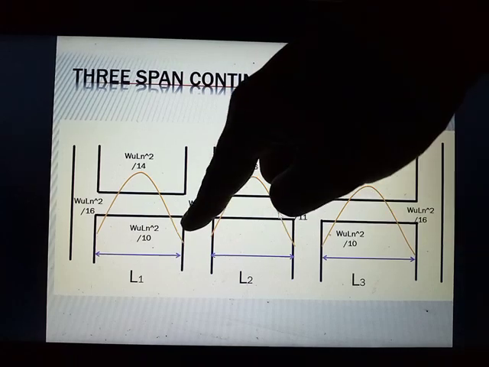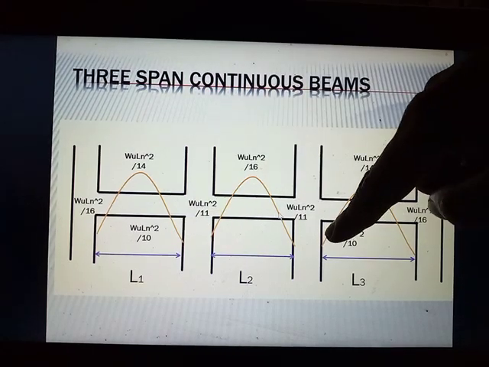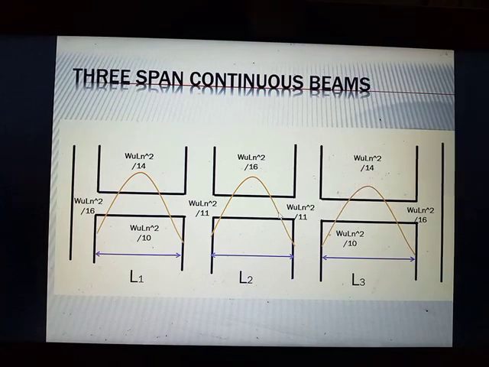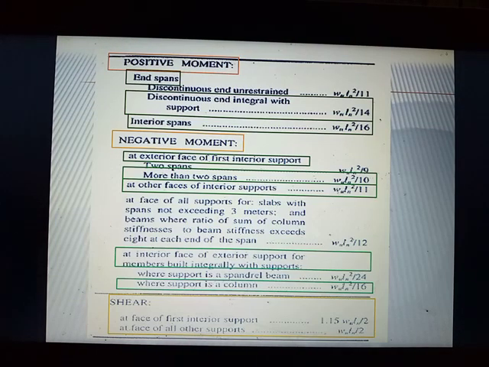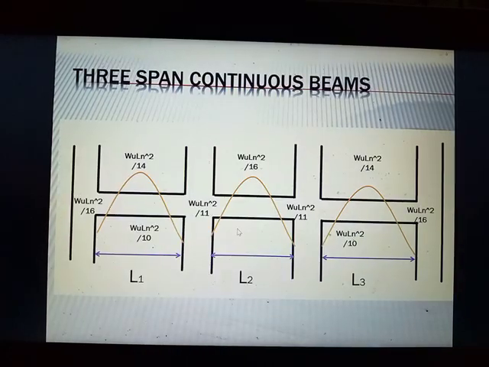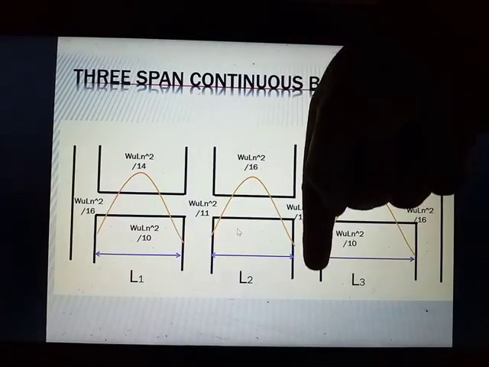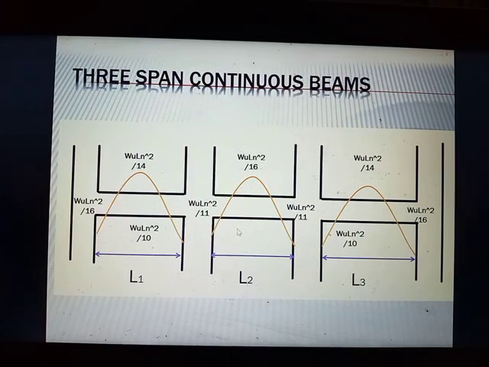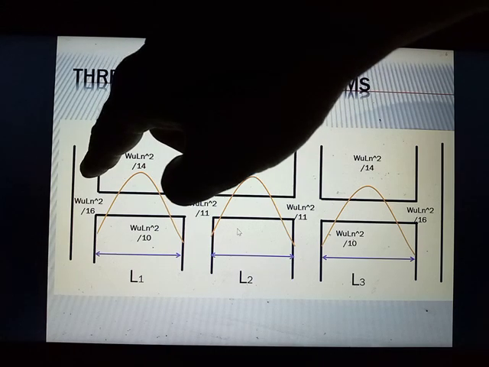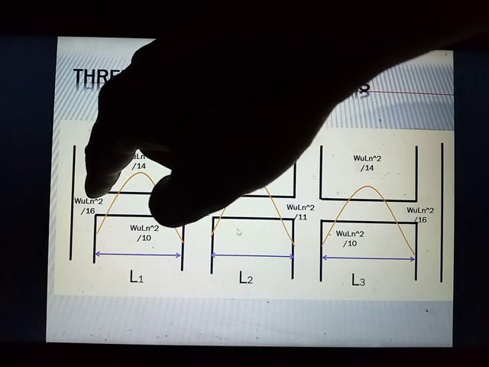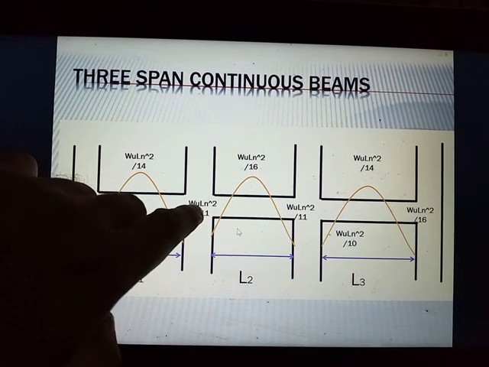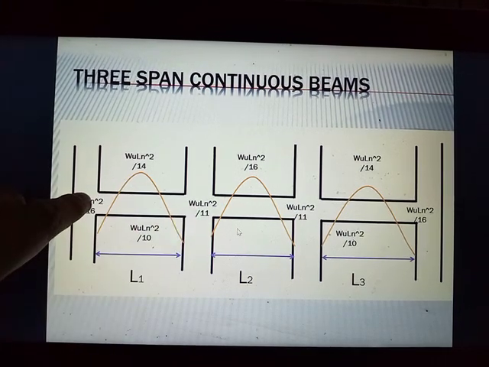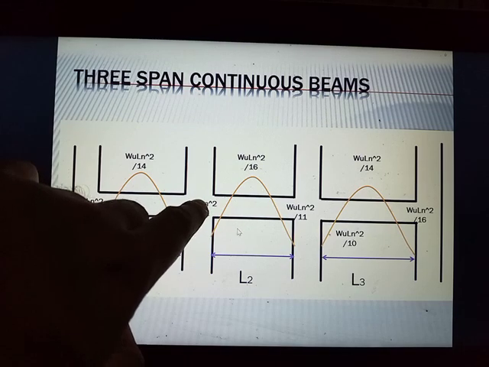So these two are the first interior supports, since this is the exterior support, and relative to that you count. Because this is adjacent to this exterior support, this is the first interior support.